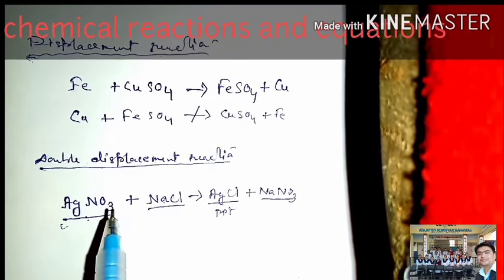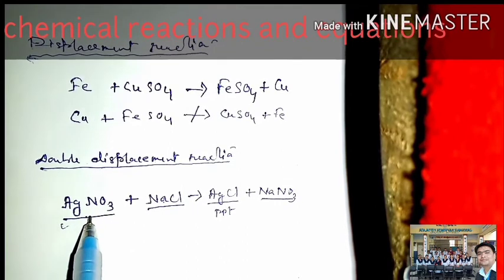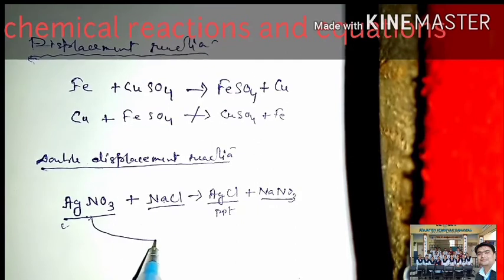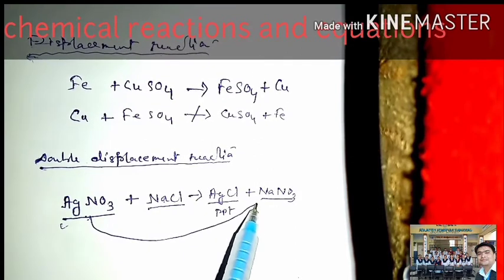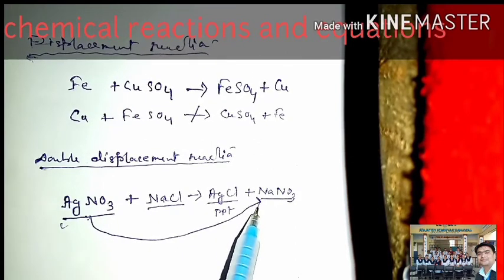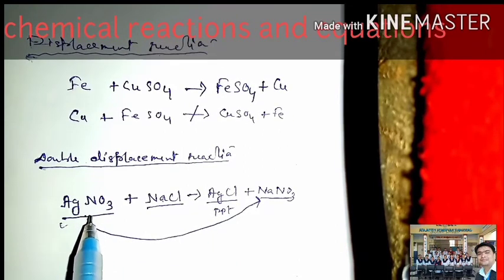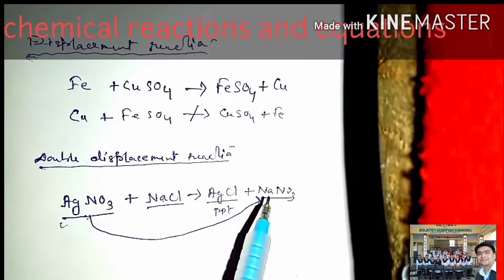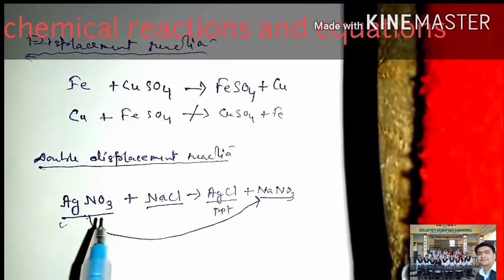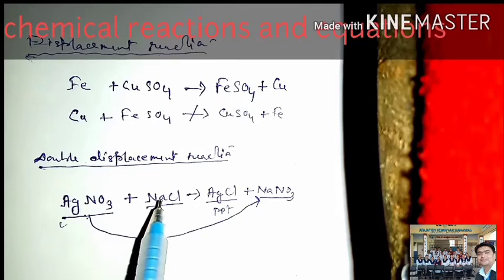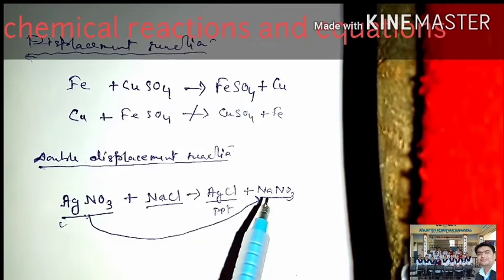So once again you see the silver nitrate, this one AgNO3, and this is NaNO3. So here you see what happened, silver nitrate changes to sodium nitrate. That means silver nitrate reacts with sodium chloride to give sodium nitrate.